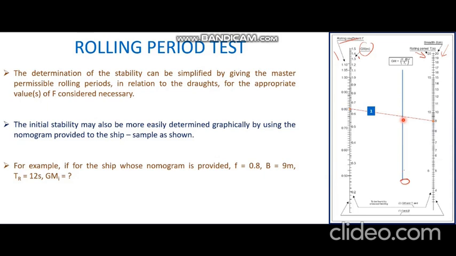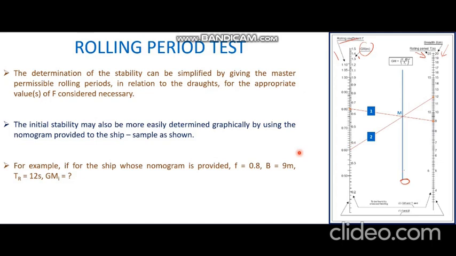Now, what is it that we have not used? We have not used the TR. Now, TR is here. This is the scale for TR. Mark 12 seconds on the TR scale. It's 12 seconds here. Now, join this 12-second TR marking with M and allow it to be extended to meet this axis. Like this.